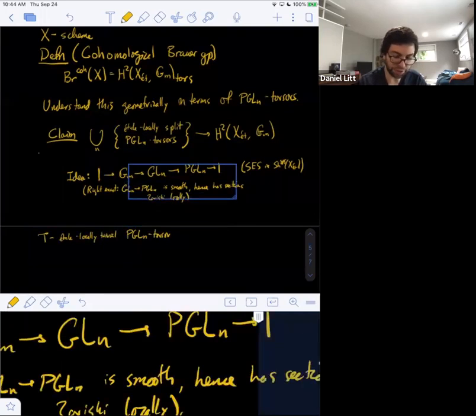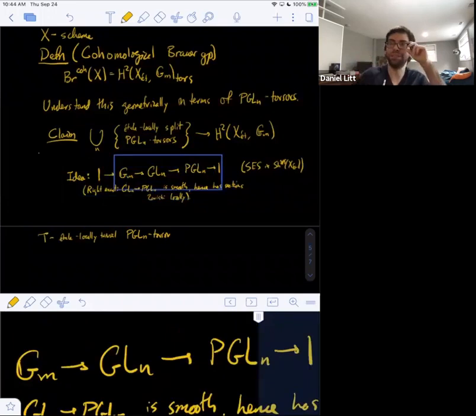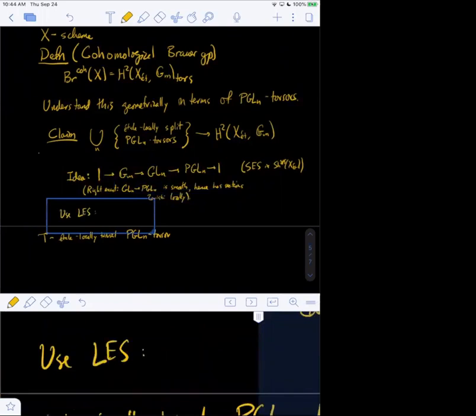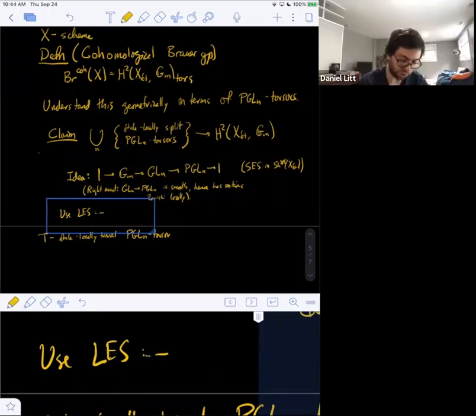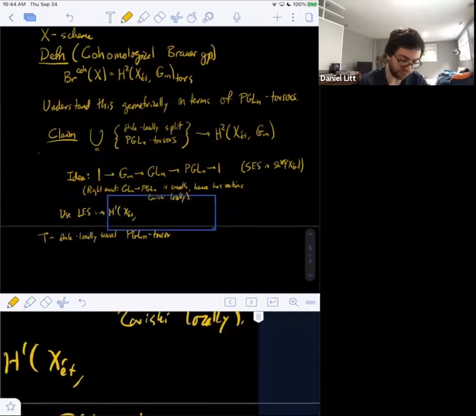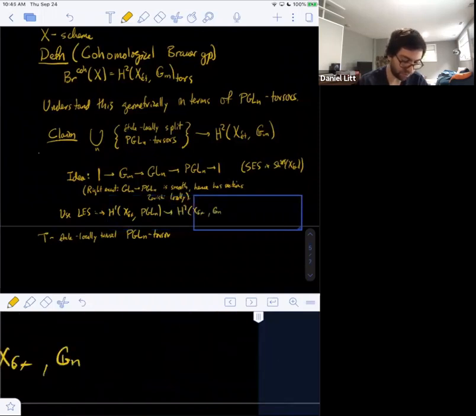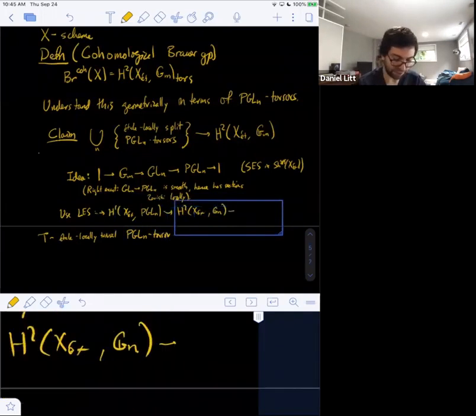What we want to do is try to use the long exact sequence associated to the short exact sequence of sheaves, which has in it, morally, H1 of X Etale PGLN, that's PGLN torsors, to H2 of X Etale GM. So we're trying to use this map. This doesn't really make sense, at least a priori, because this is not a sequence of abelian sheaves.